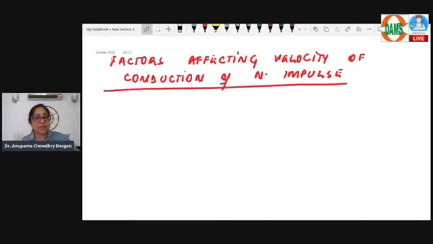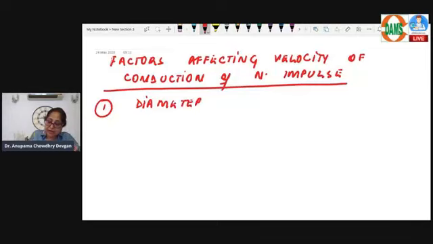This is where we left last time, so let's continue from there. The first factor which affects the velocity of conduction of a nerve impulse is the nerve diameter. Now, how does it affect the velocity of conduction of the nerve impulse?